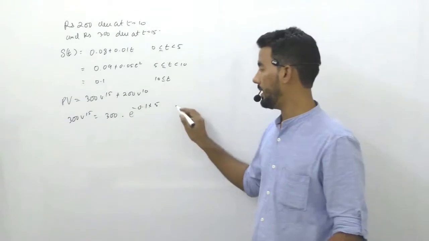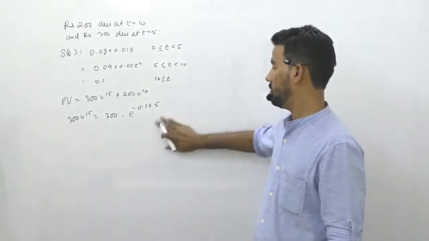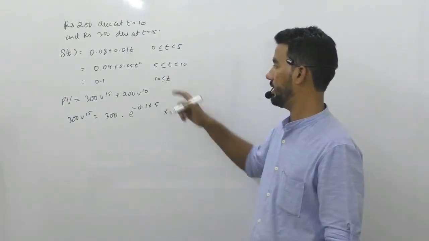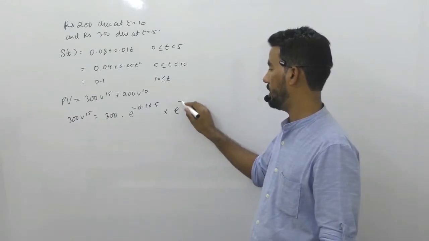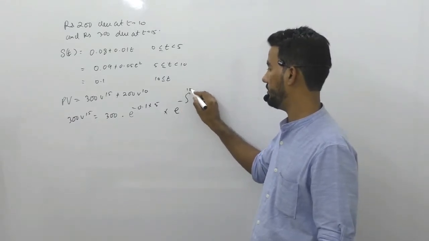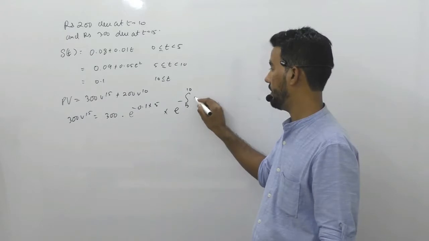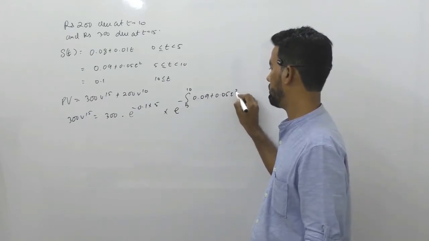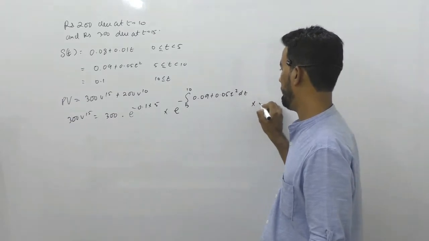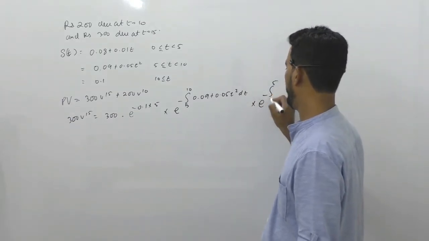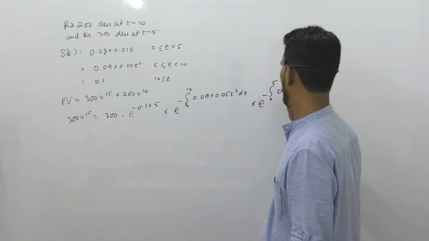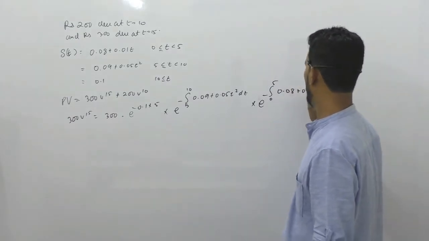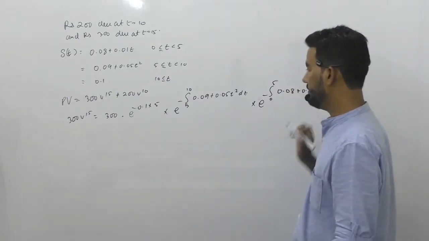Now we have to go from time 10 to time 5 first, because that's where again the interest rate will change. So e raised to minus the integration from time 5 to time 10 of 0.09 plus 0.05 t square dt, and then from 0 to 5, 0.08 plus 0.01 t dt.